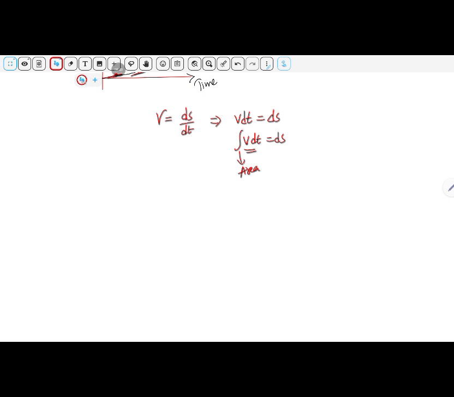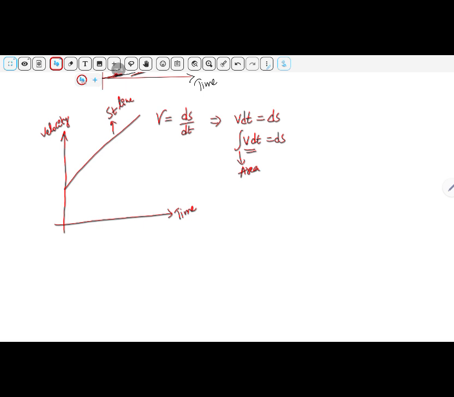For example, I will draw a graph with uniform acceleration with some initial velocity. Assume this is a straight line. On the y-axis you have velocity, and on the x-axis you have time.